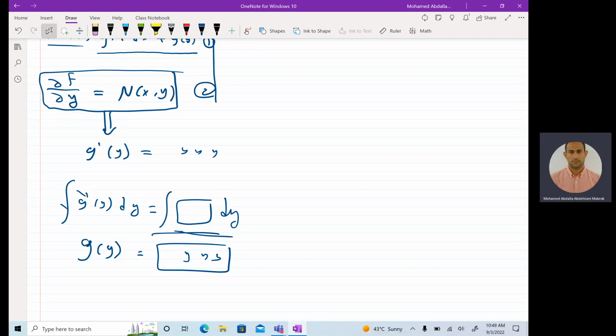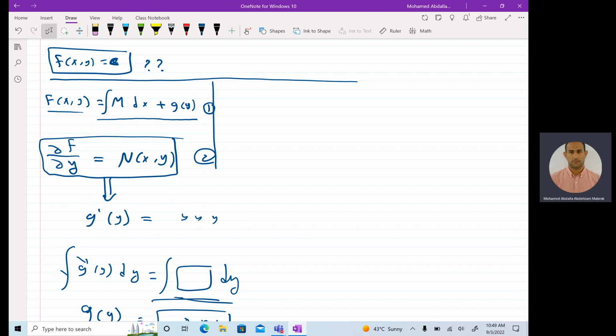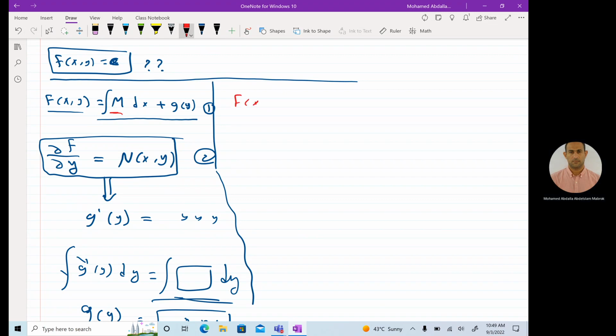We could do exactly the similar thing, but just reverse. Instead of integrating M according to dx, we can say that f of x and y equals the integral of N dy, but here we have to add g of x, a function of x.